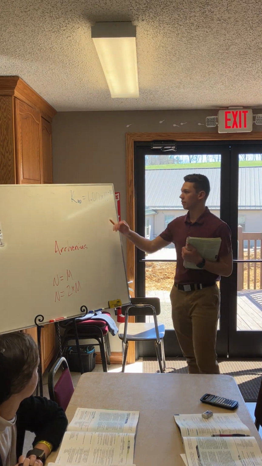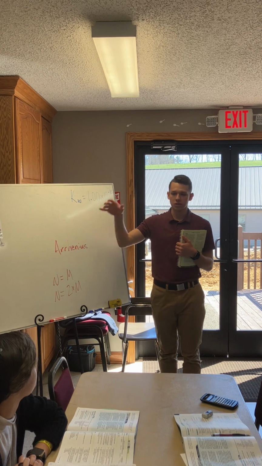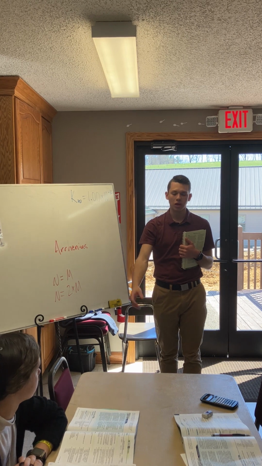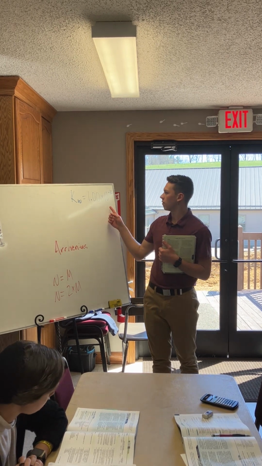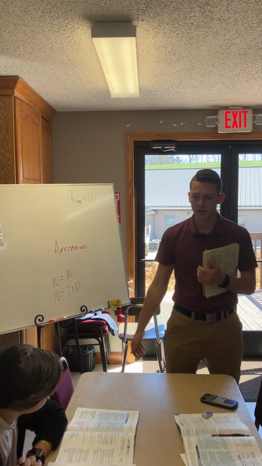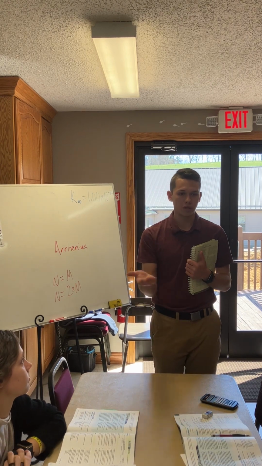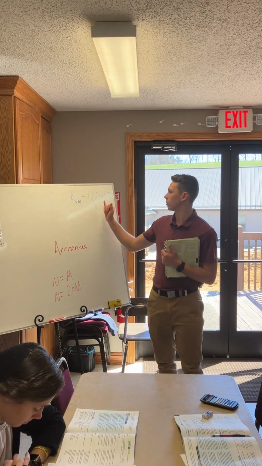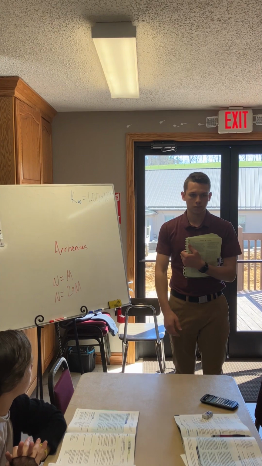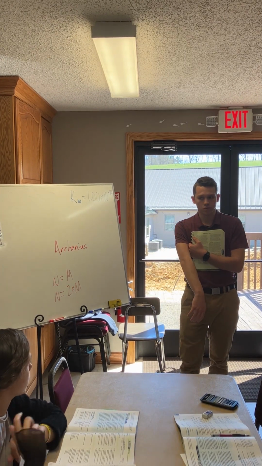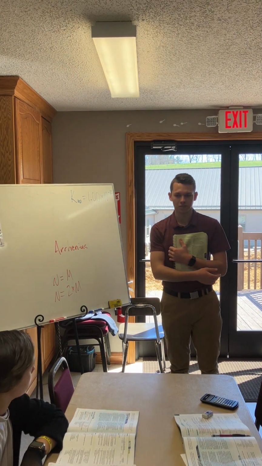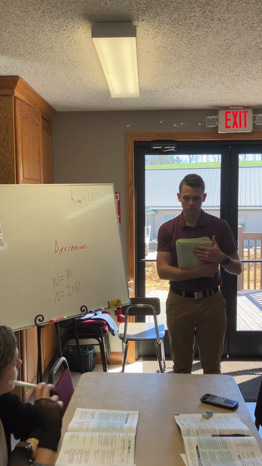And remember, this equals the concentration of hydronium ions times the concentration of hydroxide ions. So if the concentration of hydronium and hydroxide ions were equal, if they were neutral, what would they be? 1.00 times 10 to the negative 7.